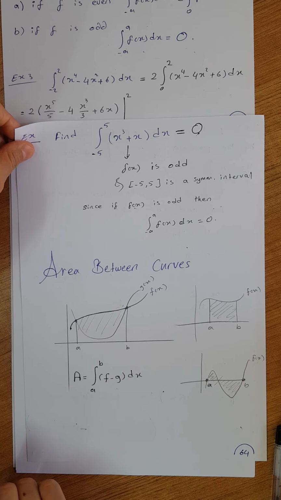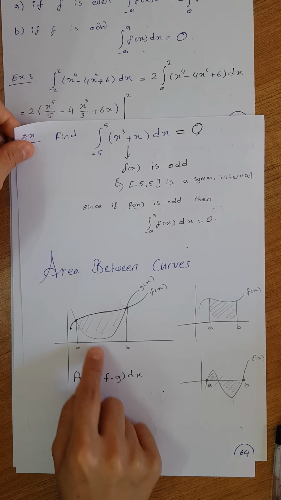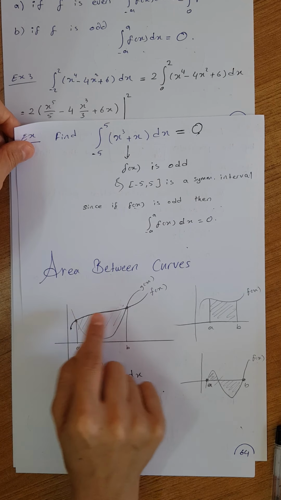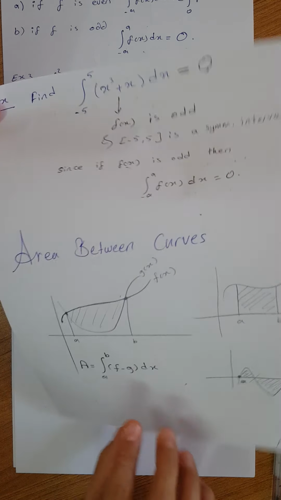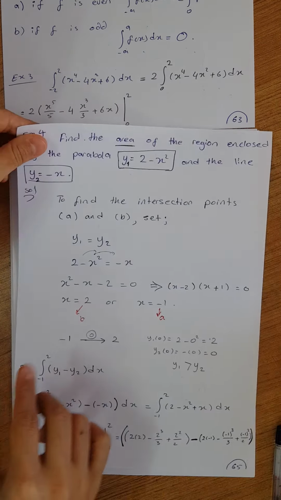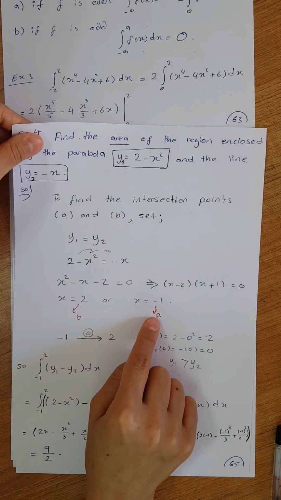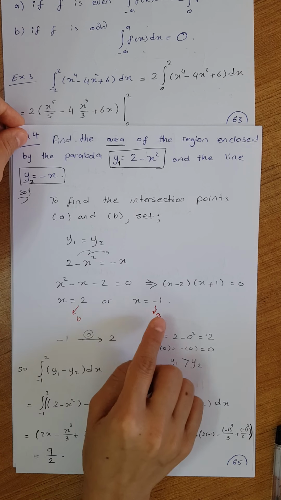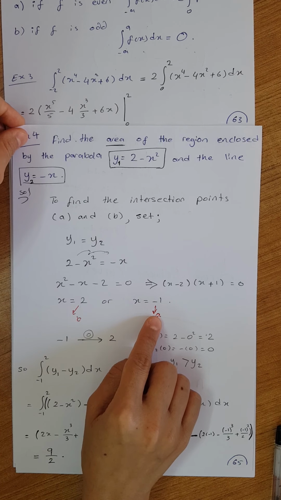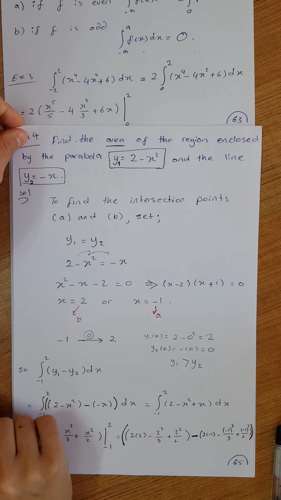To find A and B, we find the intersection of the two graphs, so we equate those two graphs to each other to find their intersection points. We found the intersection points, so it gave me the bounds of the integration, A and B. Of course, we write the smaller number as A and the greater number as B.